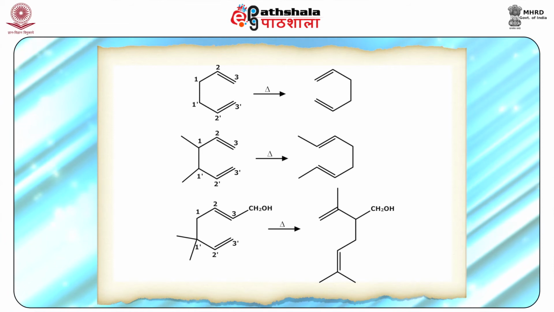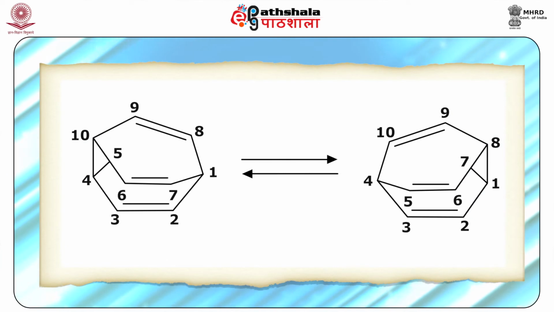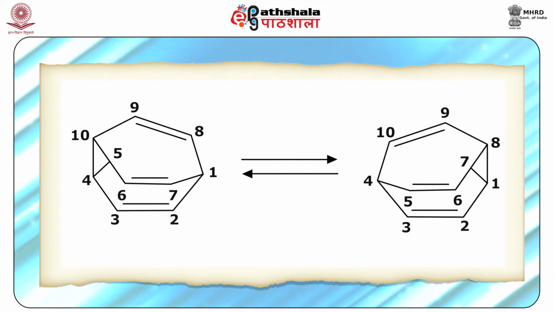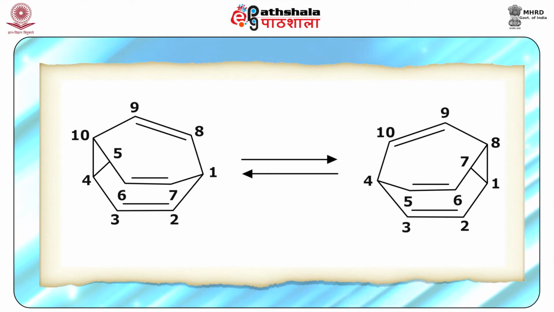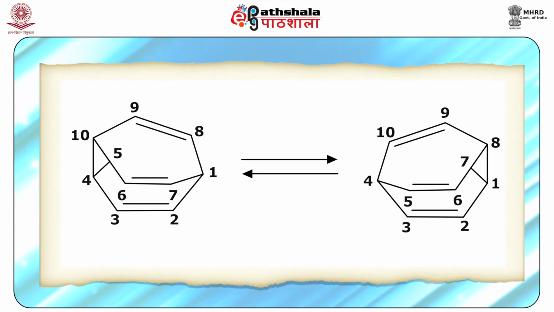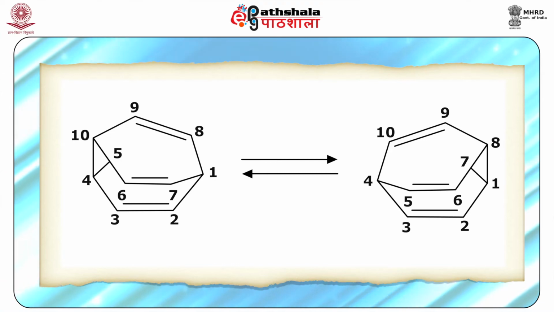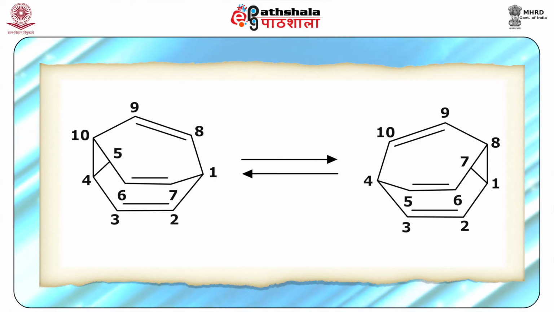1,5-hexadiene in the example. Another example is that of bullvalene, which undergoes multiple degenerate Cope rearrangements and still retains the same structure due to the fluxional nature of the molecule. In bullvalene, the Cope rearrangement changes the position of the cyclopropane ring from 4, 5, 10 to 1, 7, 8.